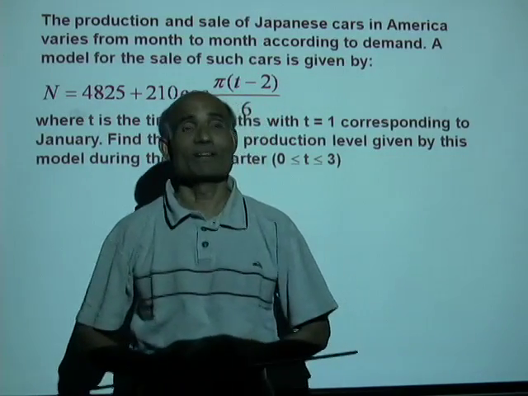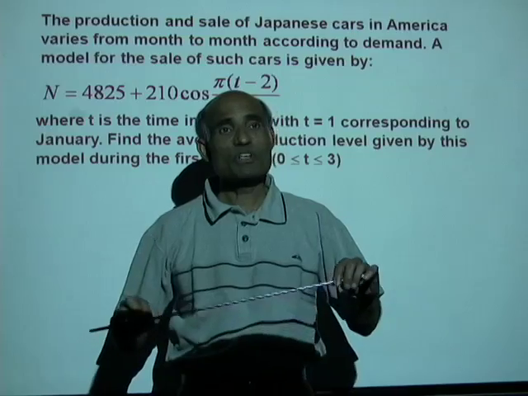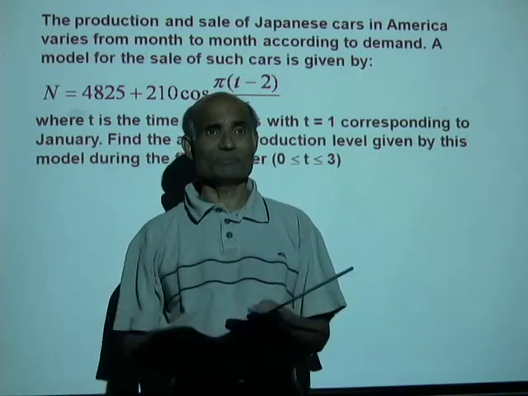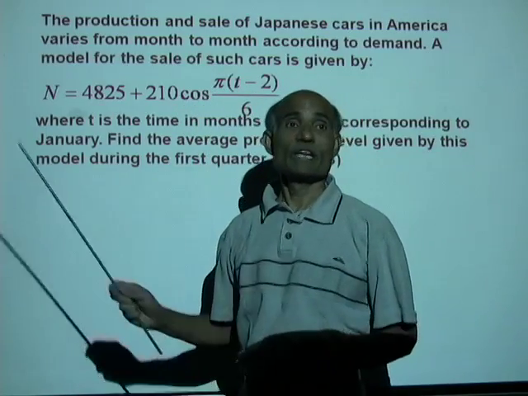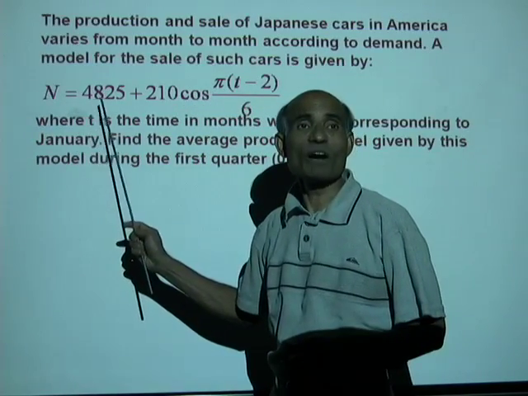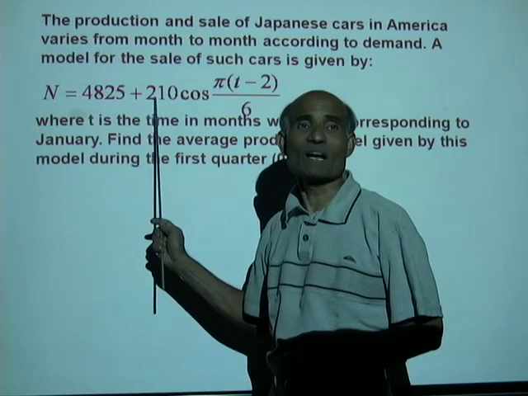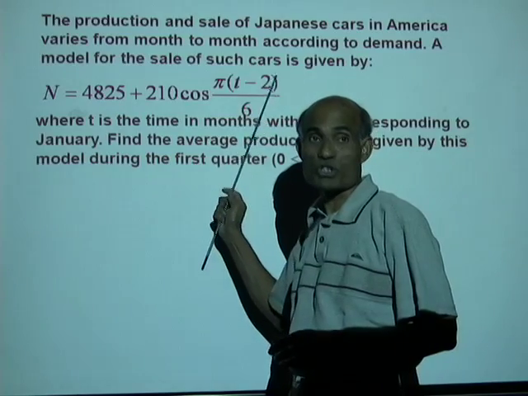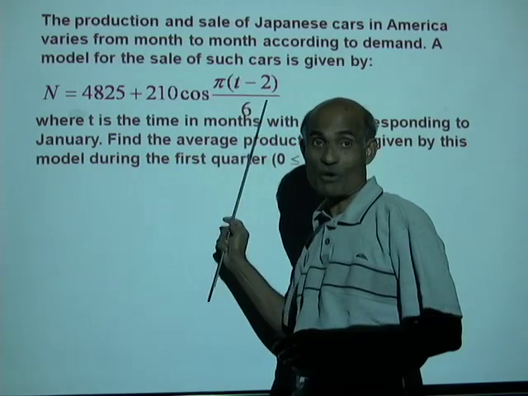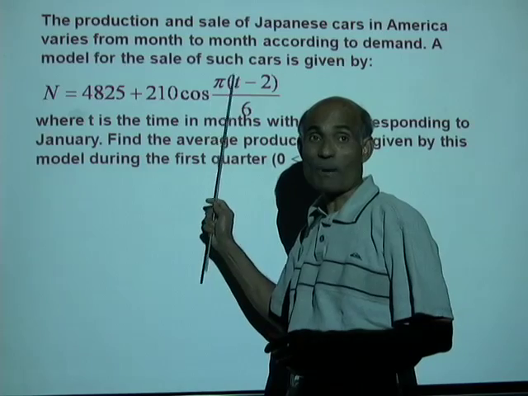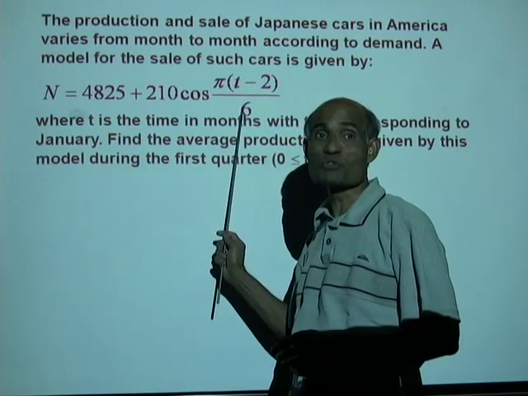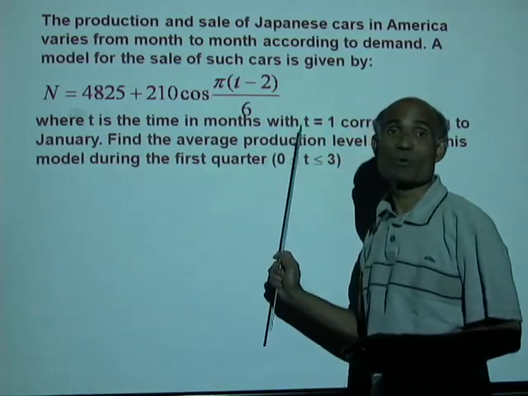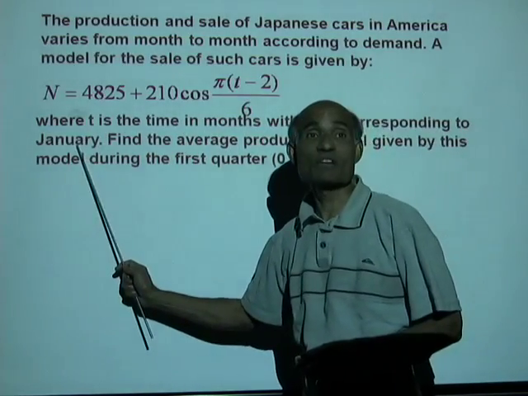The production and sale of Japanese cars in America varies from month to month according to demand. A model is n equal to 4,825 plus 210 cos of, look at the quantity, this is the argument of the function, cos of pi times t minus 2 over 6, where t is the time in months, with t equal 1 corresponding to January.